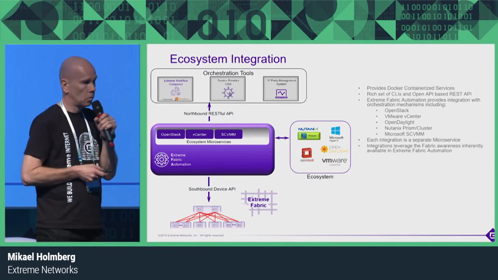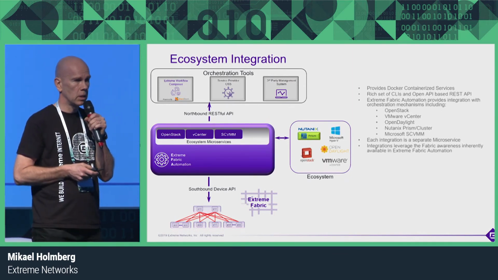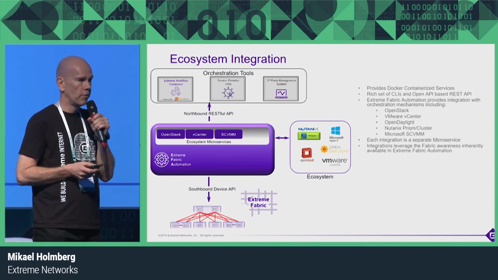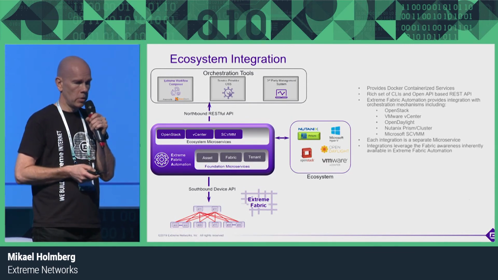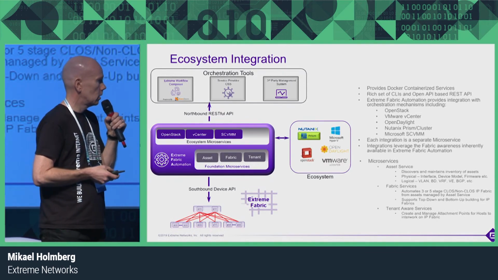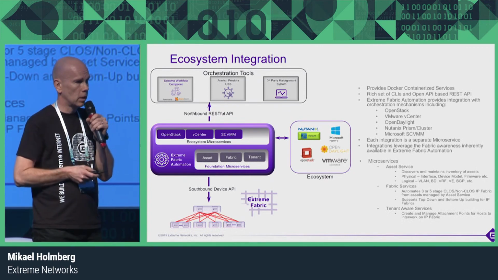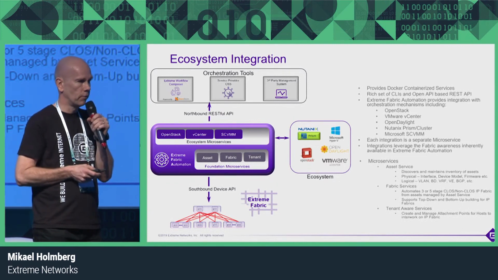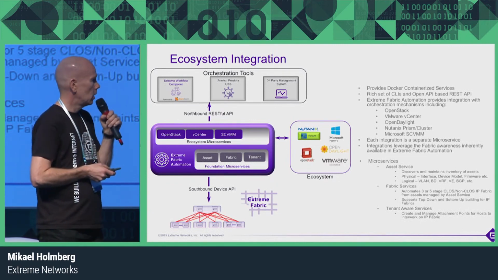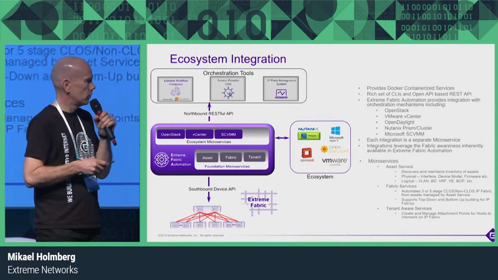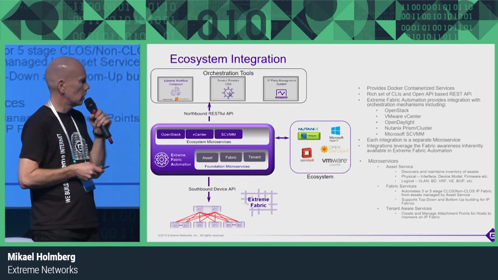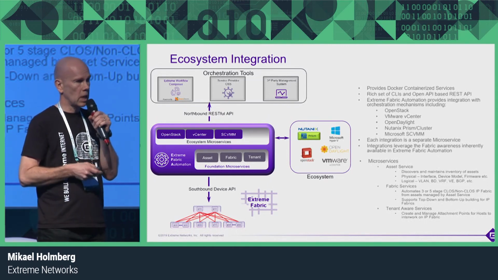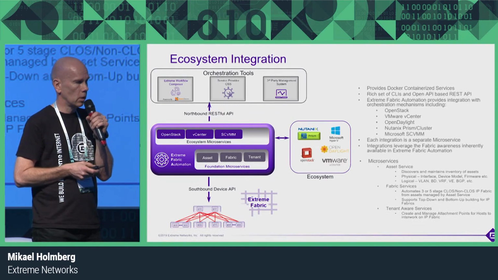Then you have the southbound device API, which talks down southbound to the fabric itself. And then you have the foundation services, which are the asset, fabric, and tenant services. The asset services look at the fabric itself from VLAN and so on, the fabric services look at various things there, and the tenant services look at the attachment points into the fabric itself.